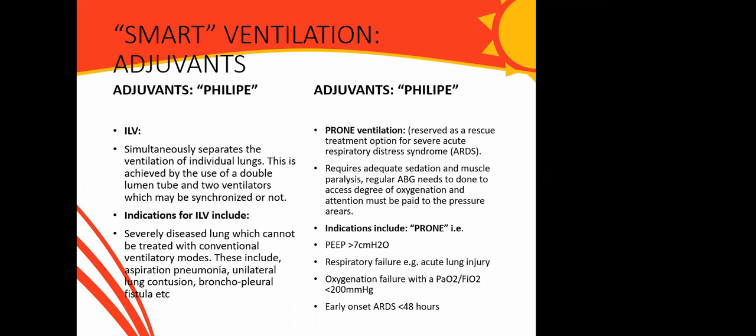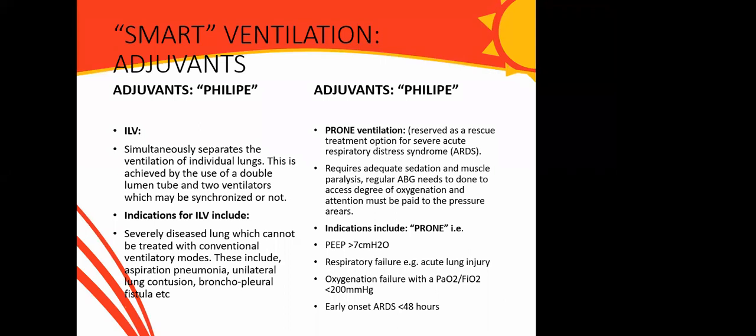I like mnemonics a lot by now, you know me. Indications for prone ventilation include PRONE, all right. P is PEEP: when a patient requires PEEP greater than 7. R is respiratory failure, with the oxygenation index between 200 and 300.